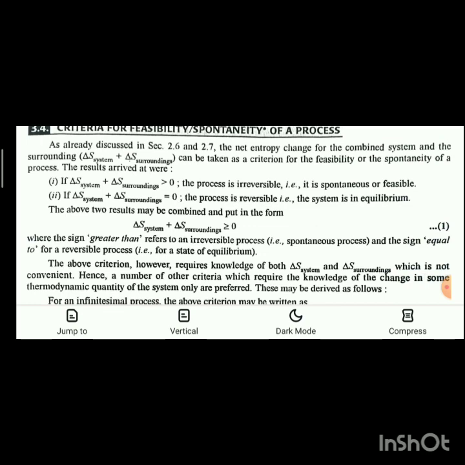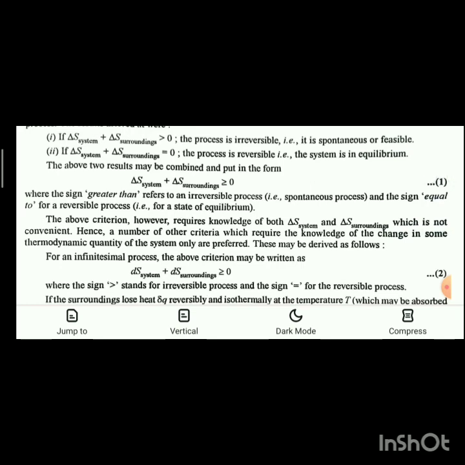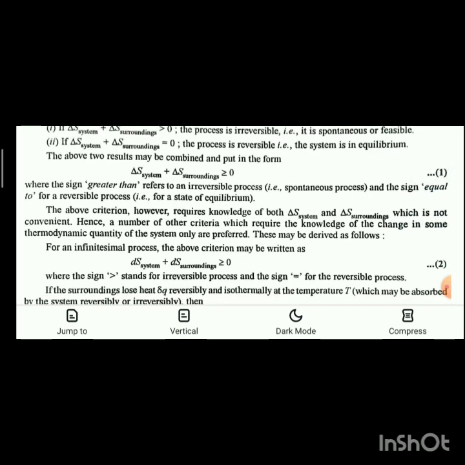If ΔS system + ΔS surroundings = 0, the process is reversible, and the system is in equilibrium. The above two results may be combined and put in the form ΔS system + ΔS surroundings ≥ 0, where the greater than sign refers to an irreversible process and the equal sign refers to a reversible process, for a state of equilibrium, and irreversible for spontaneous process.